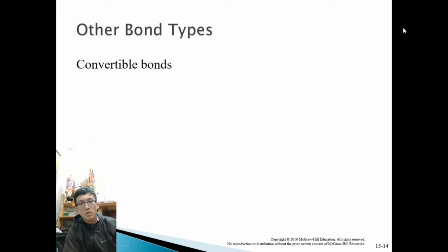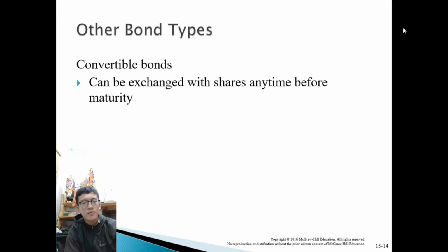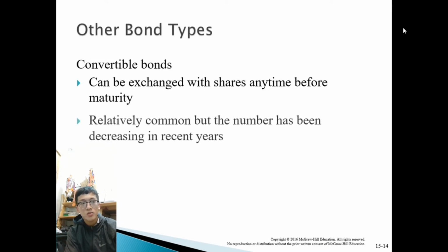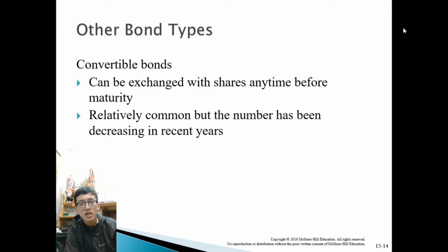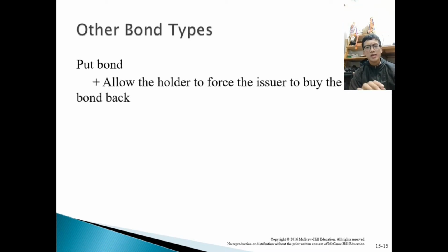The second bond type is convertible bonds. They can be exchanged for shares anytime before maturity, and they are relatively common, but the amount of these bonds has been decreasing recently. The last bond type is the put bond, which allows the holder to force the issuer to buy back the bond.